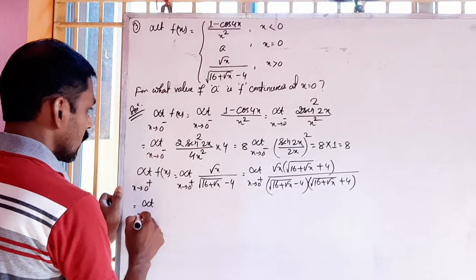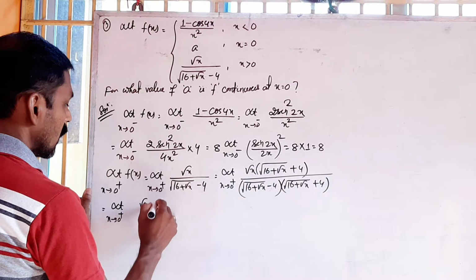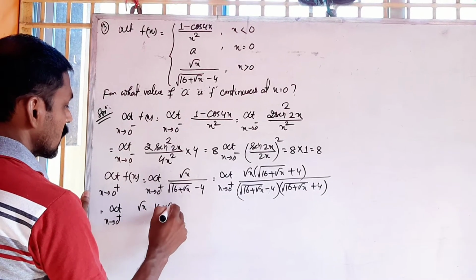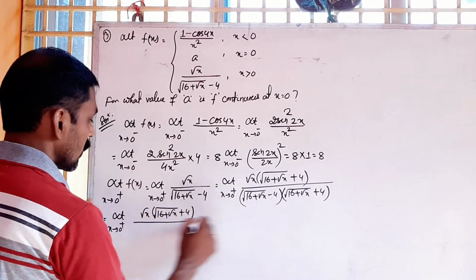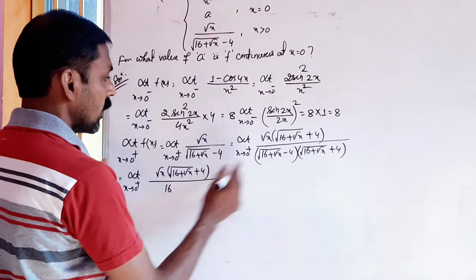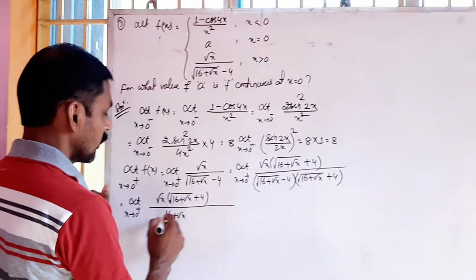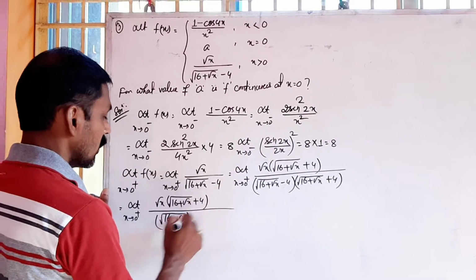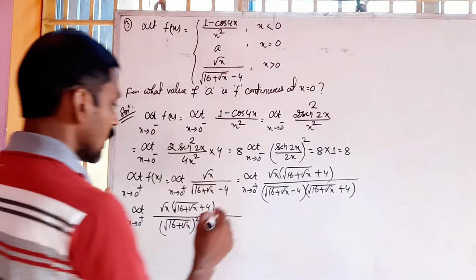This is limit x tends to 0 plus of root x into 16 plus root x whole root over plus 4. By the identity, it is a square minus b square. So a square minus b square means 16 plus root x whole root squared minus 4 squared.